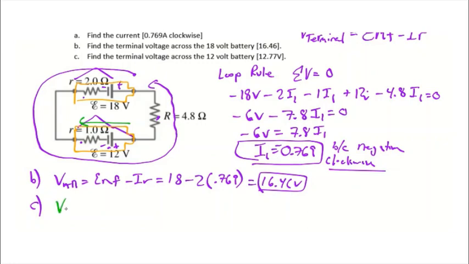So my terminal voltage across those two is equal to negative 12, because we're going against it, and then minus our current. So I'll just write I1, but we know it's the 0.769 times the 1 ohm. And so when we plug that in, we get negative 12 minus 0.769.